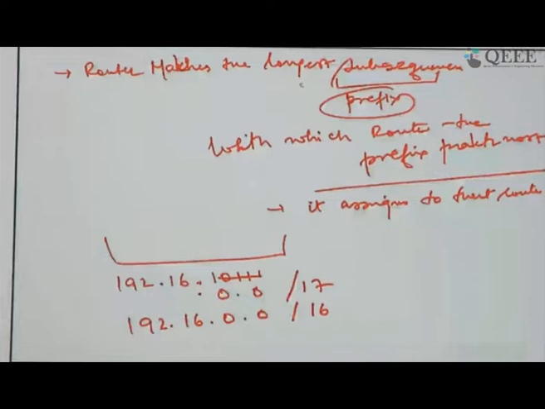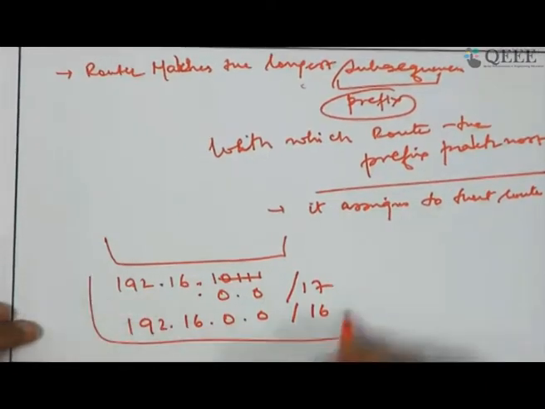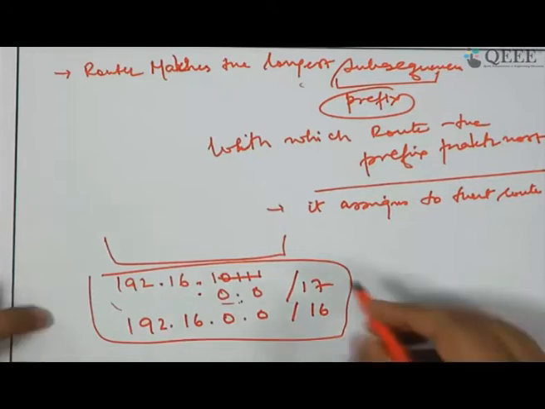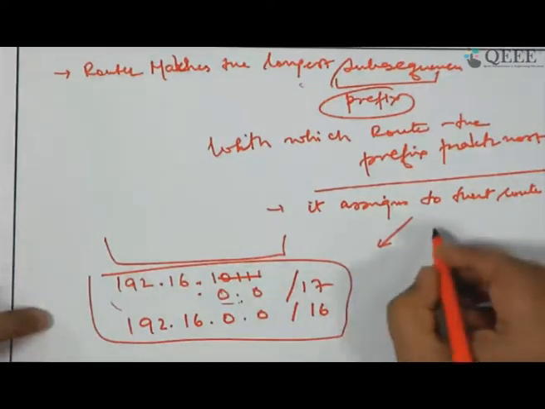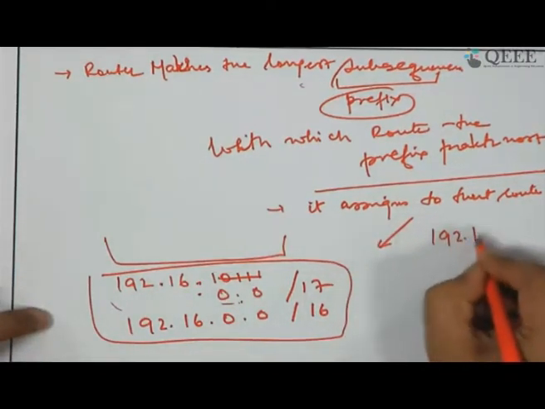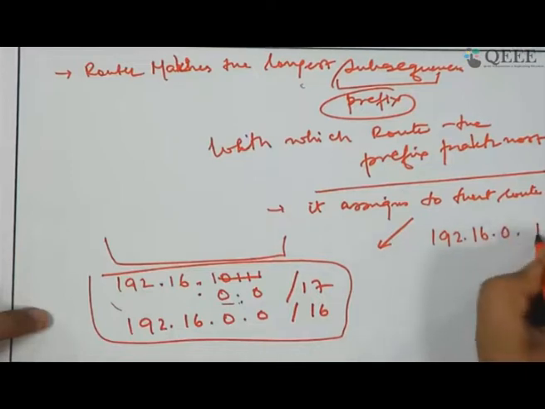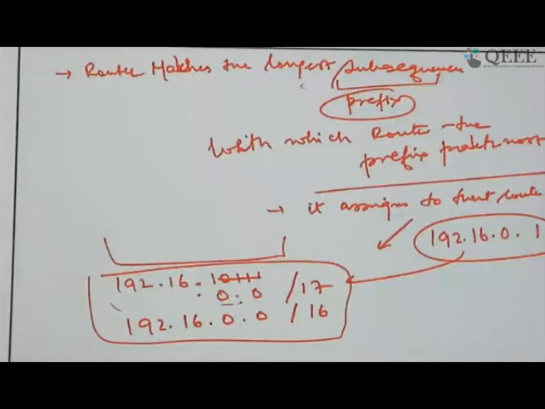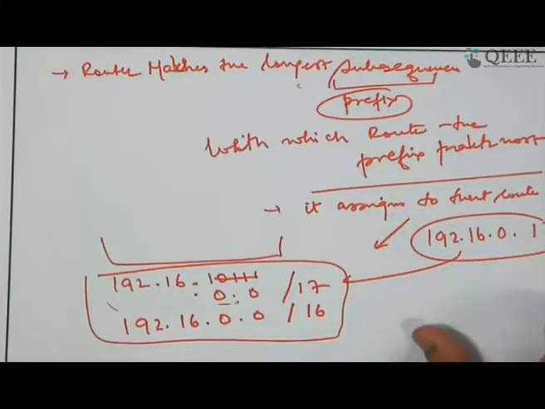So this is a bit concocted, but I'm just saying that you can have one which has 17 bits and one which can have 16 bits. Okay. So then if a packet is coming with 192.16.0.1, say something like this, it will match to the longest prefix. Fine. So this is about IP addressing.